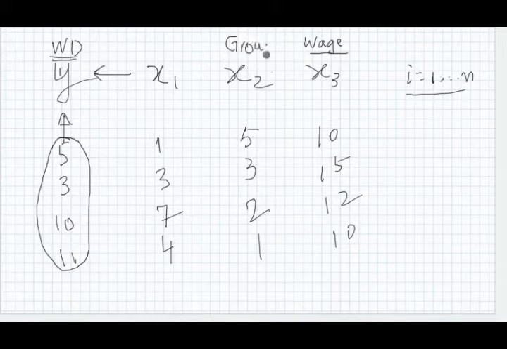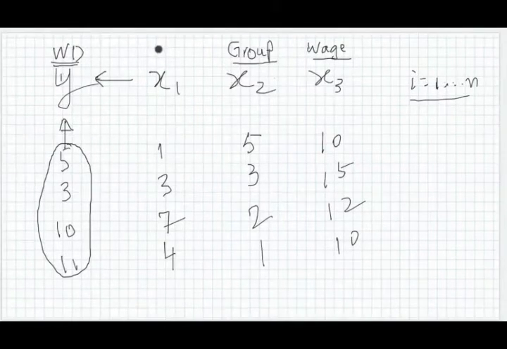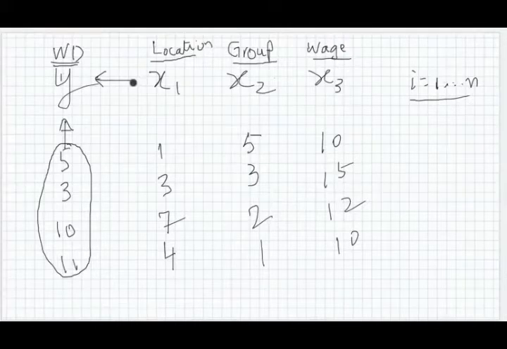So am I working as a group or am I alone? Maybe this is another variable. Let's say this variable is location. So different people in different locations, with different group members and different wages, worked how many days.